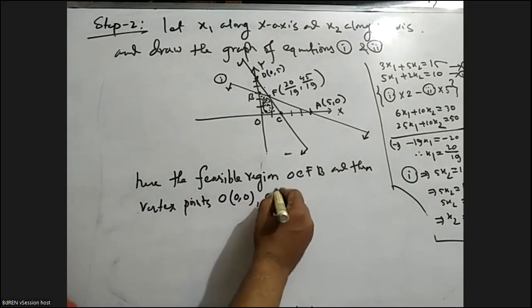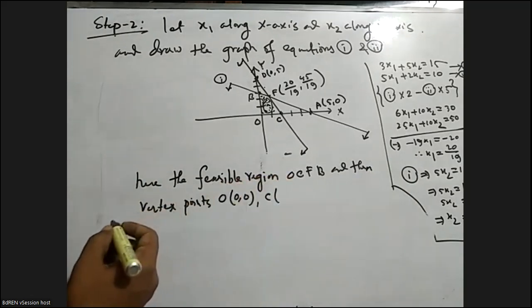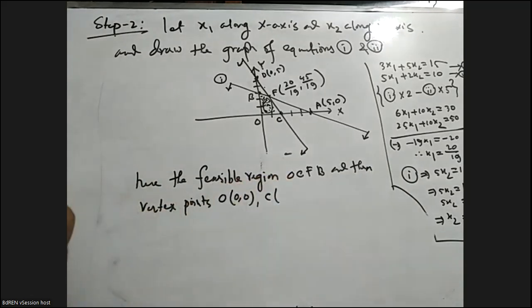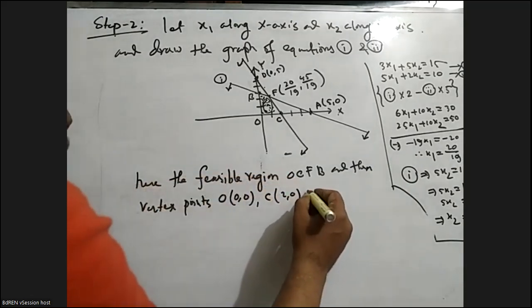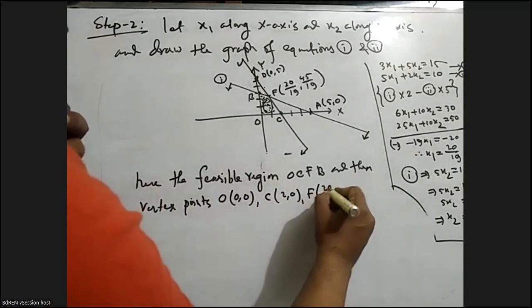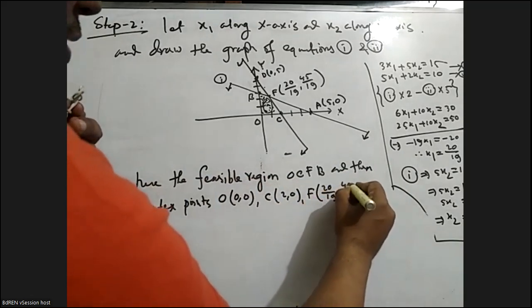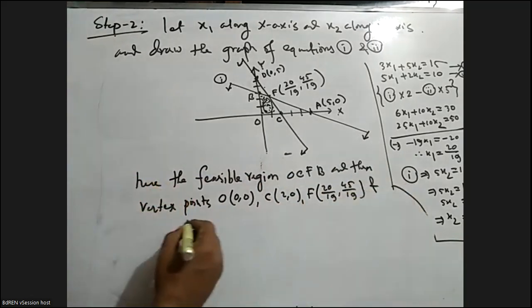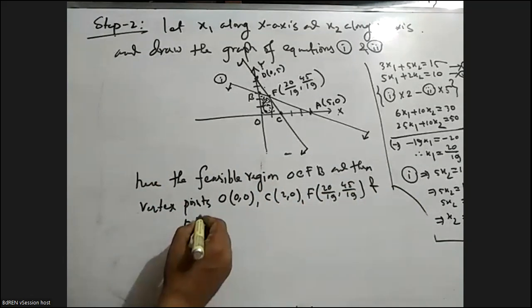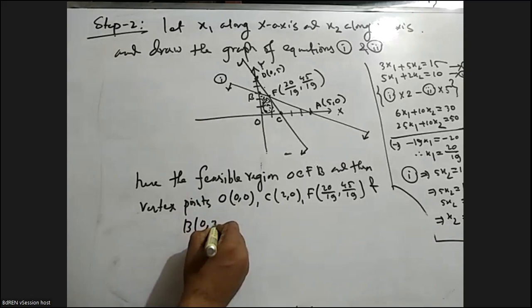C point is 2, 0. F point is 20 by 19, 45 by 19. And the last point B will be 0, 3.